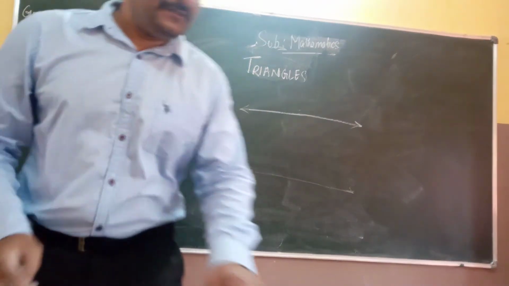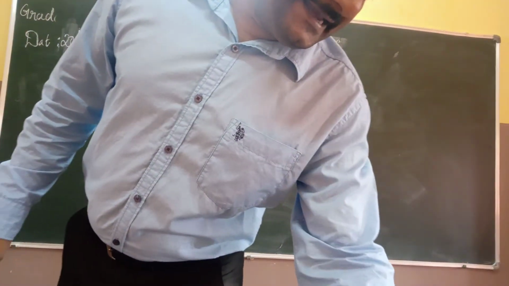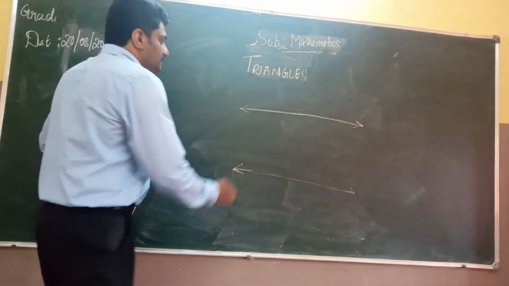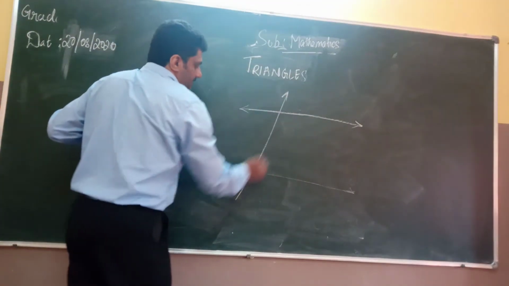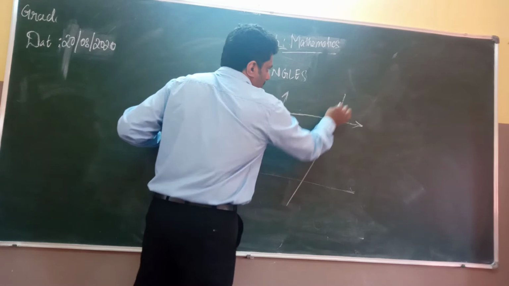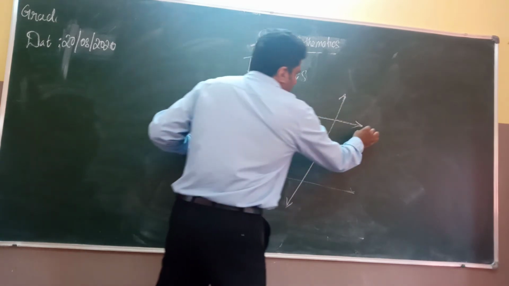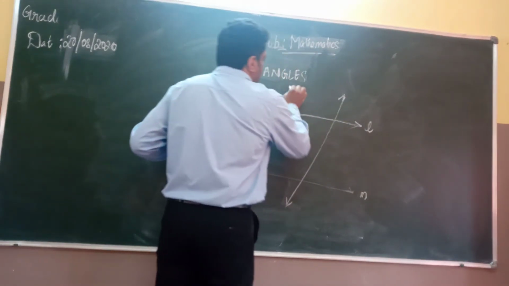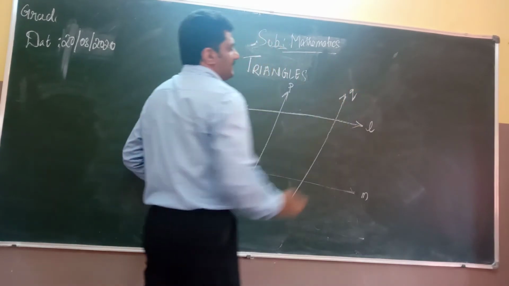Okay, this is one set of parallel lines LM, and there is one more set of parallel lines like this. Okay, this is L, this is M, this is P, this is Q.